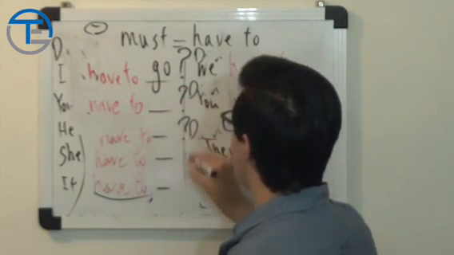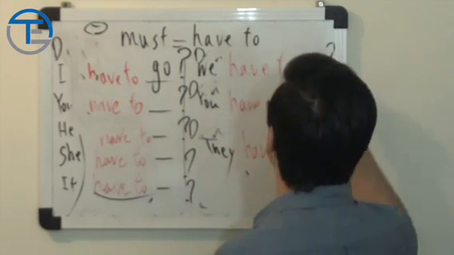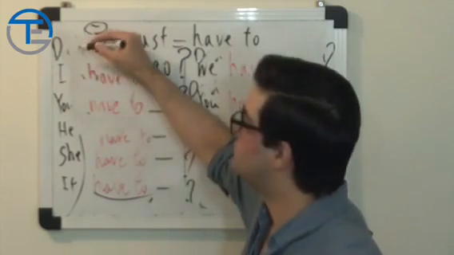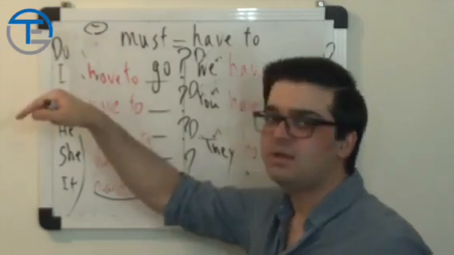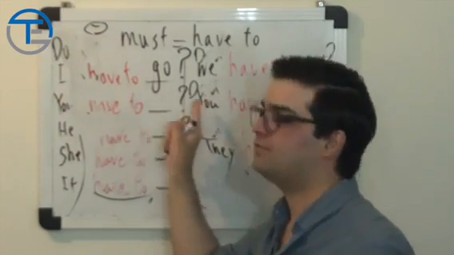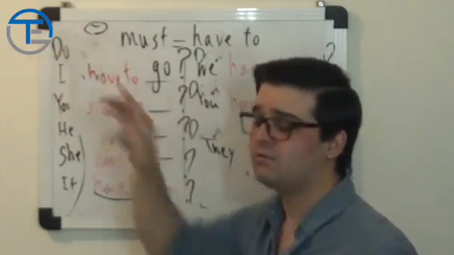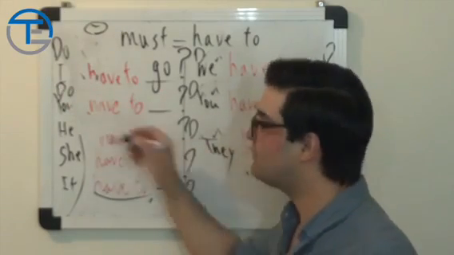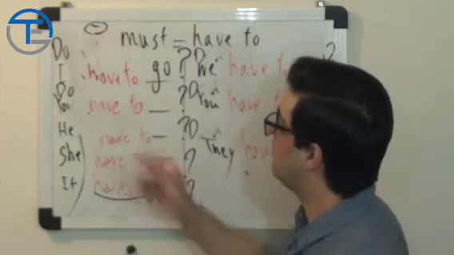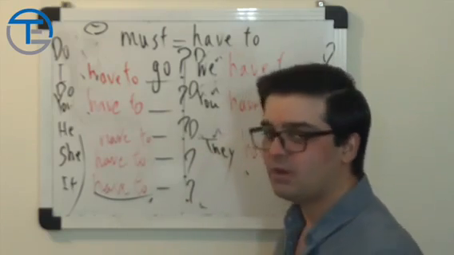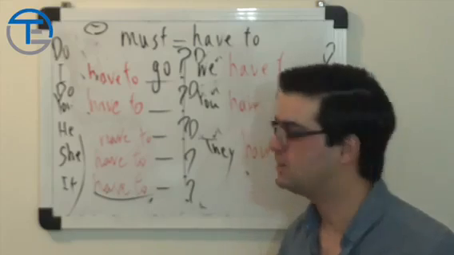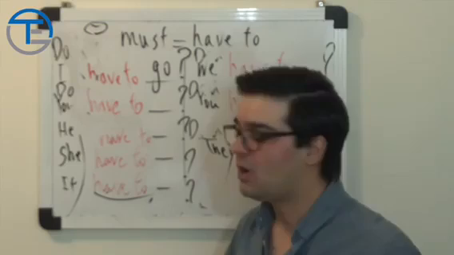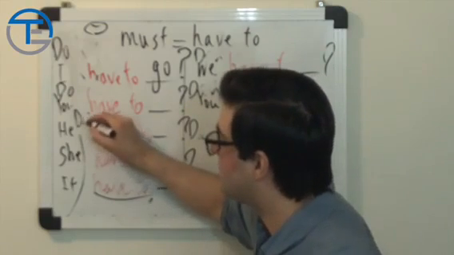If you want to make questions with have to, you have to use do at the beginning of your question. Do I have to go? It's rising, okay? Do you have to go? But for these three, he, she, it, because of has to, you have to use does.